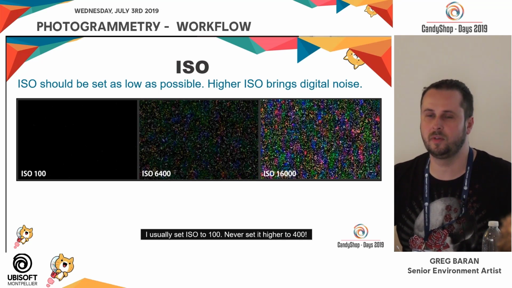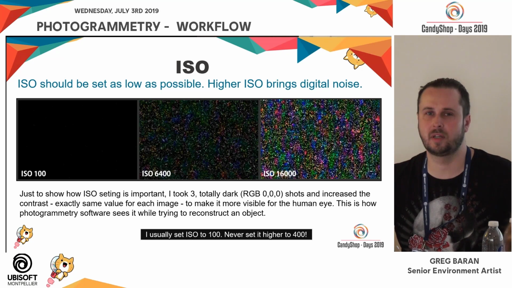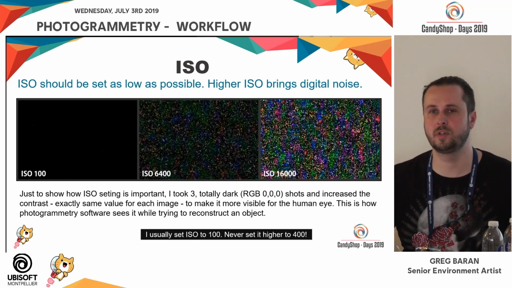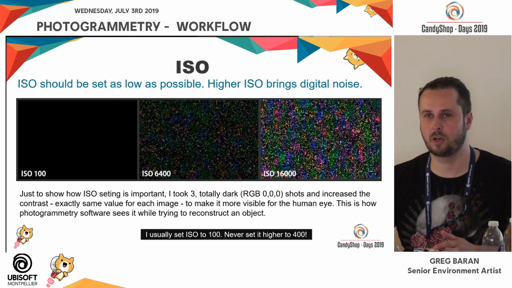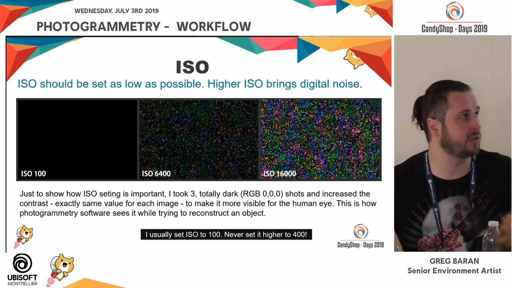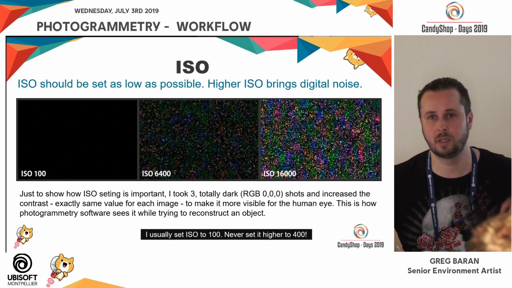The next value is ISO. I took the same image with different ISO settings, and this is how photogrammetry software really sees the data. Each of those images is a pure black image with the flash covered, but the first one is ISO 100. I increased the contrast to show what photogrammetry software sees.